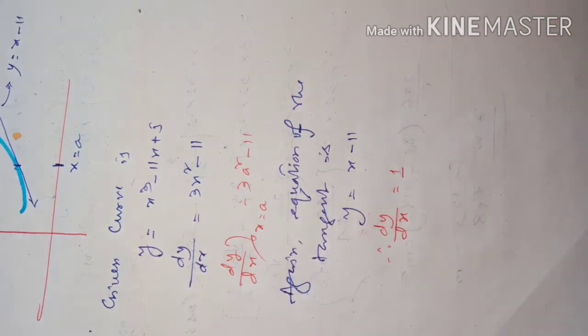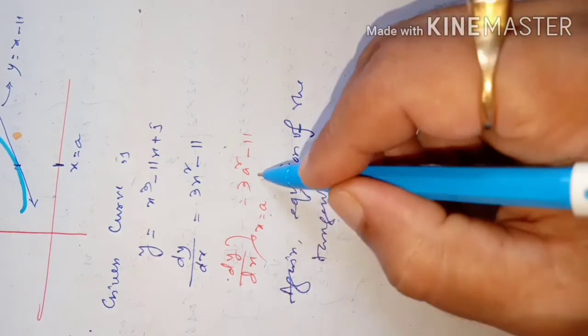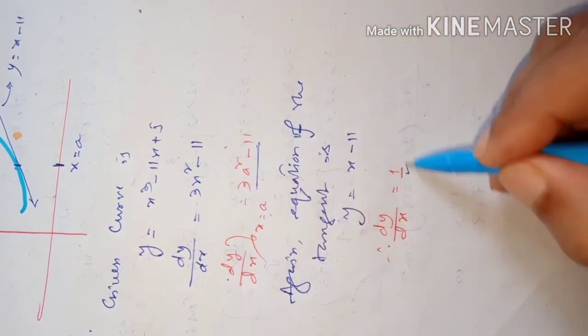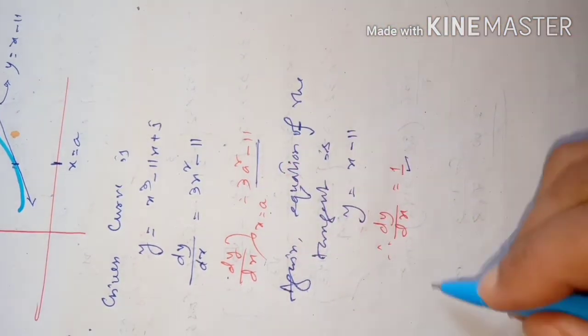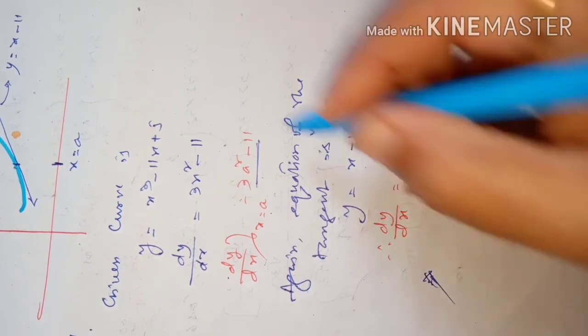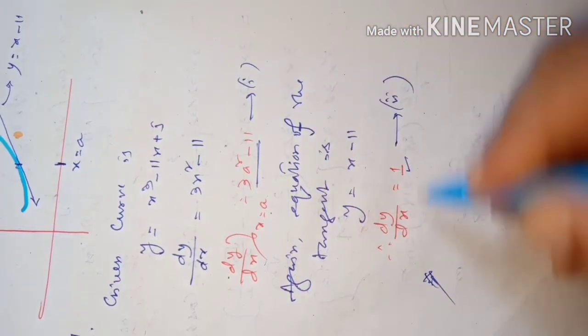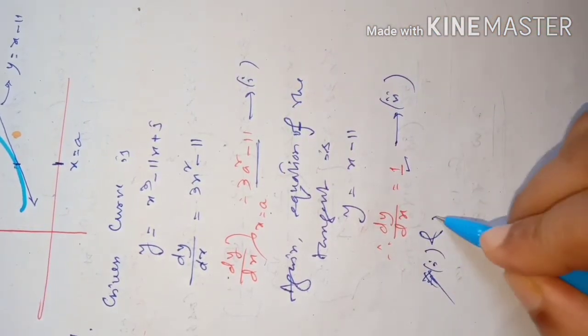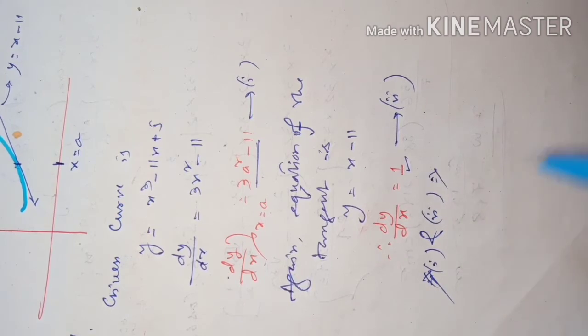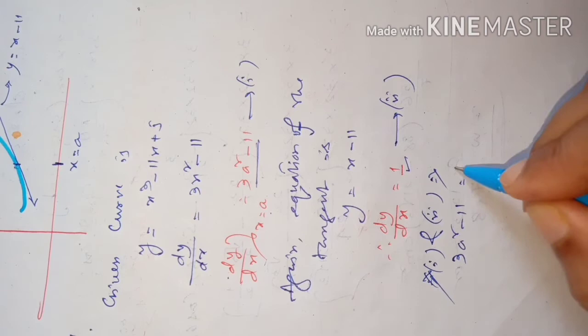So now dear students, this dy by dx at x equal to a is equal to this one. So we can equate this equation with this equation. Equation 1 and equation 2 will give us that 3a square minus 11 is equal to 1.